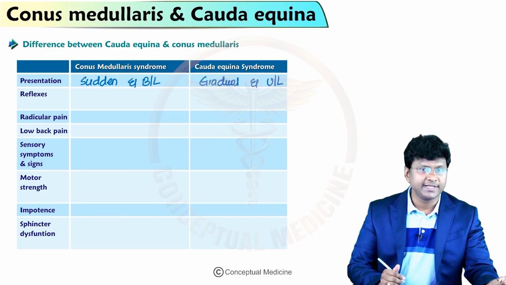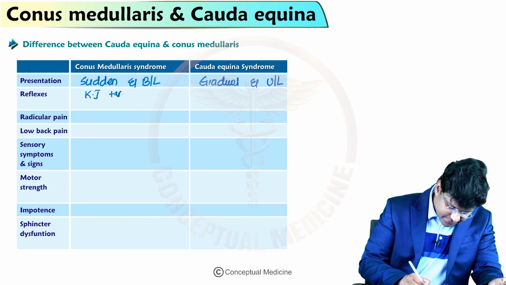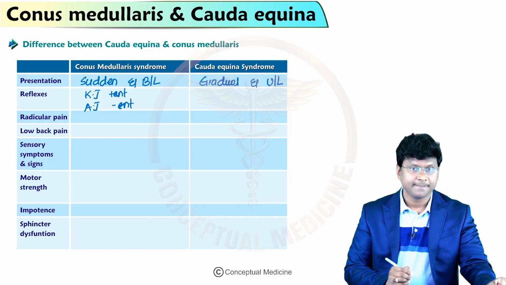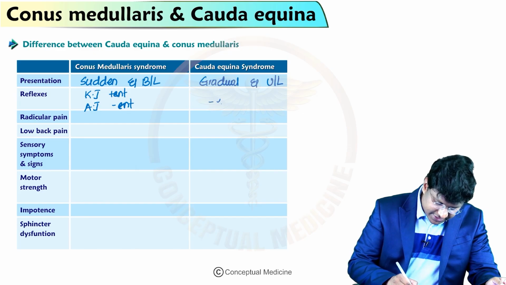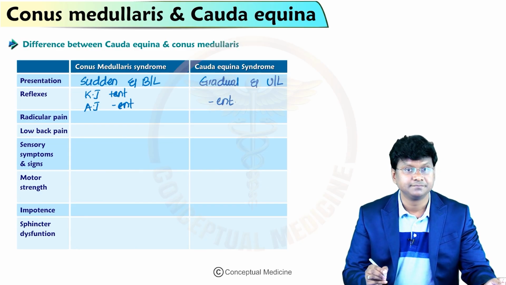Okay, and you take the reflexes. In case of conus medullaris, what did I tell you? The knee jerk is preserved, whereas ankle jerk is absent, right? In case of cauda equina, both the reflexes are gone. Knee jerk as well as ankle jerk, both are absent.